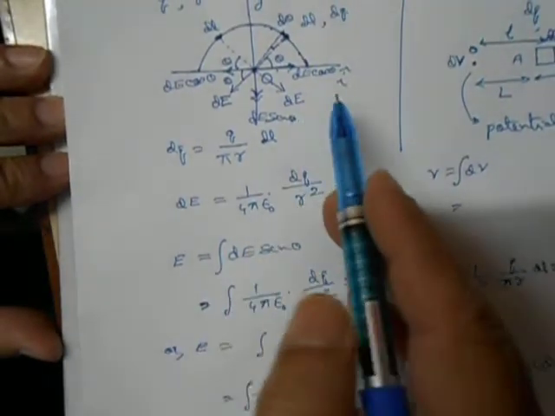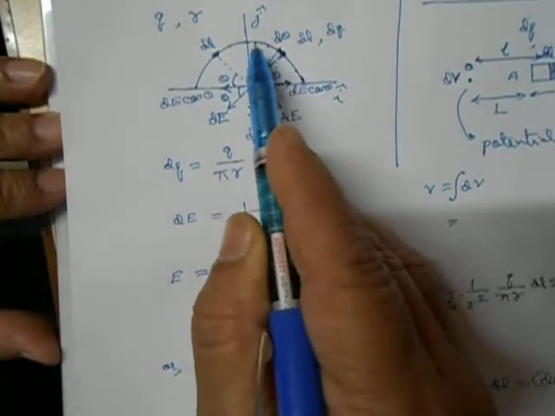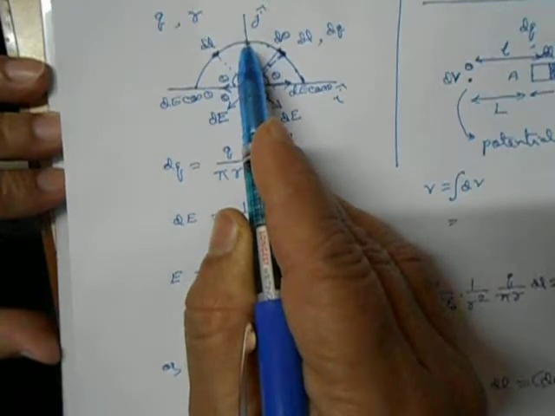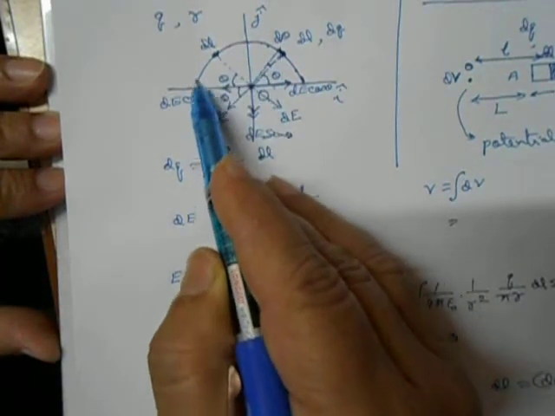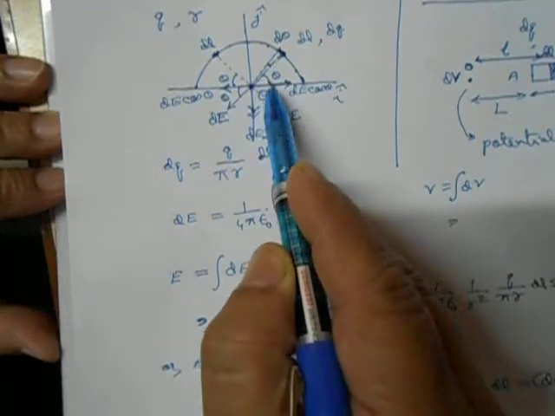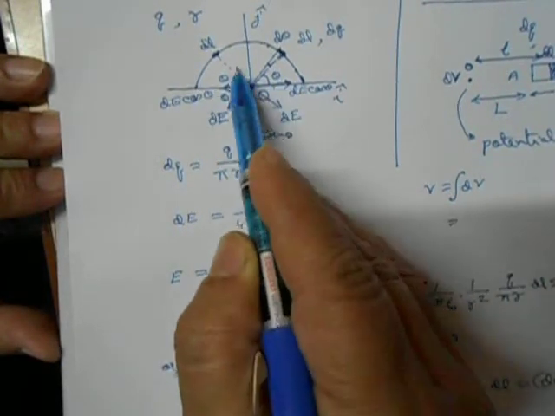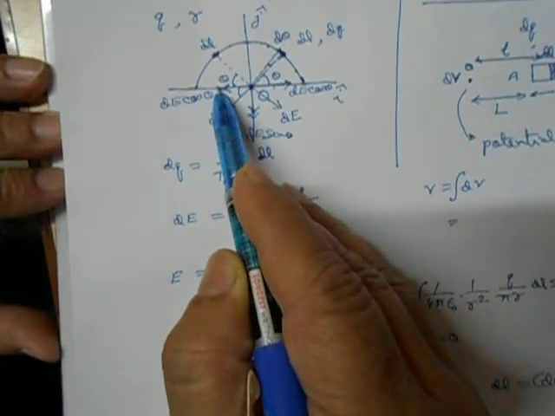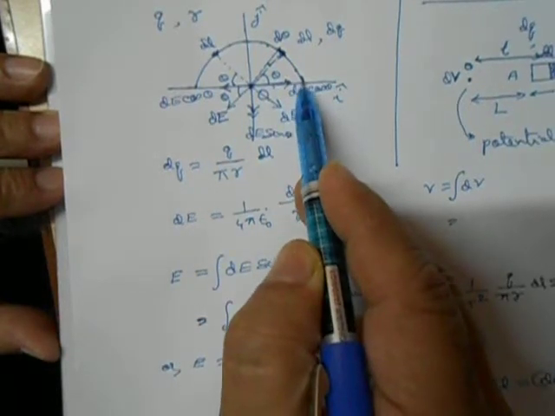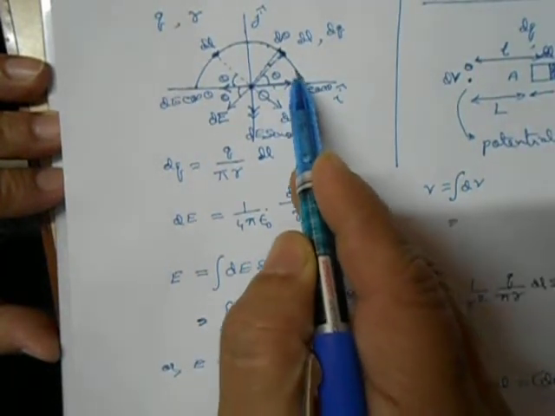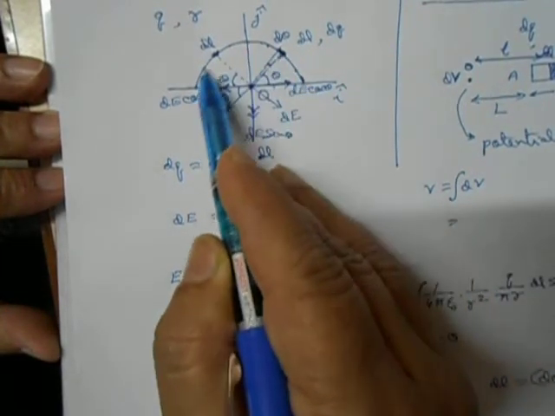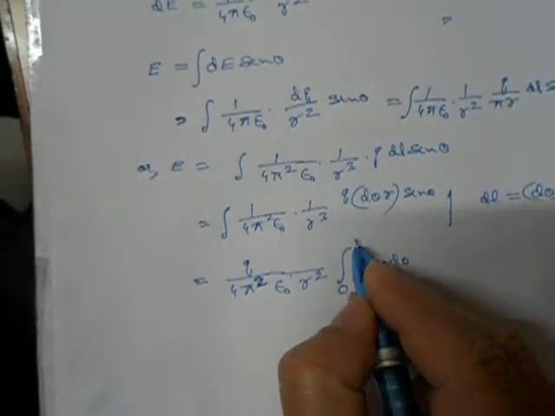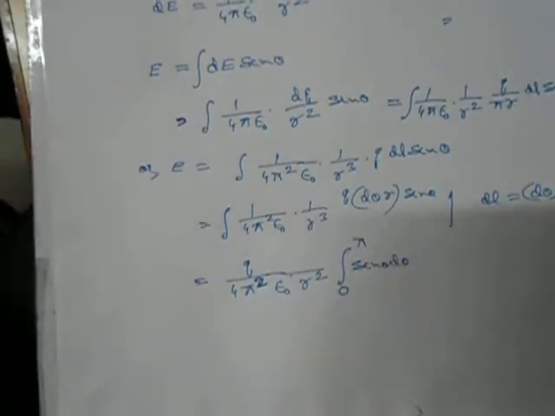When this dl is at this point, theta will be 90 degrees, but when dl is here, theta will be pi, 180 degrees. So theta will vary from 0 to pi. The lower limit is 0, and the upper limit is pi.